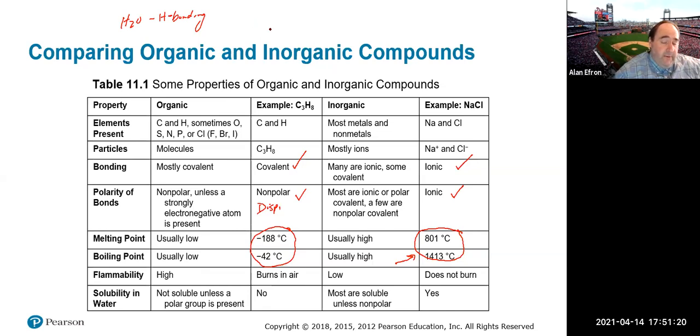But water works really well with something like sodium chloride, which is ionic. As we talked about, water can very easily surround sodium ions with the negative side of water, while with chloride ions, the positive side of water, which is the hydrogen, will surround that ion.